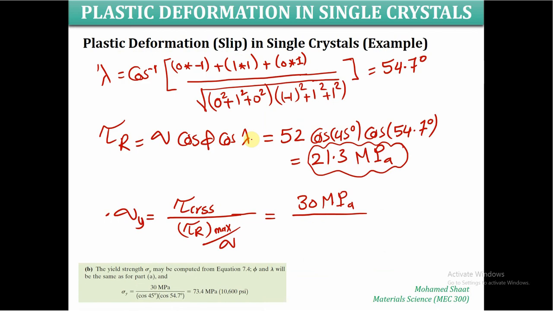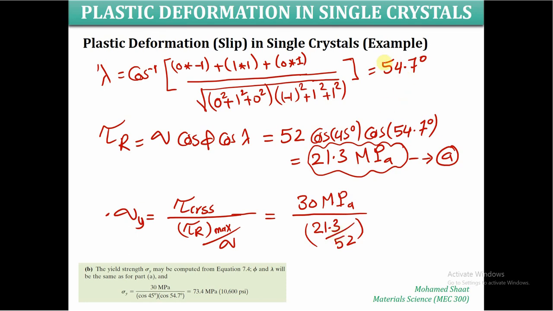So this means that the resolved shear stress that we calculated in point A will be used as the maximum shear stress. So it will be the 21.3, and then you divide by the 52, which is the applied stress. This number is the thing that should be located in the denominator.